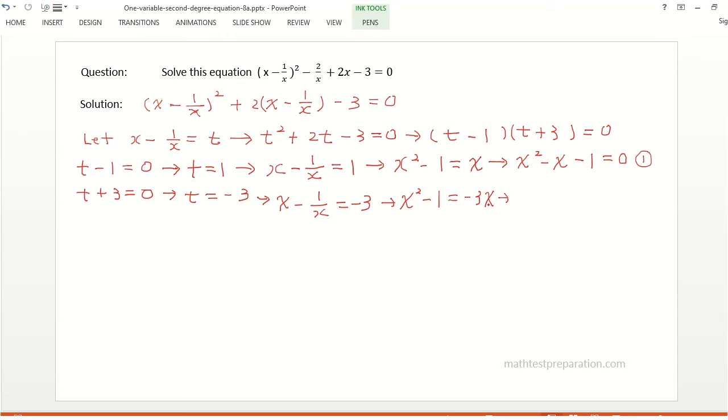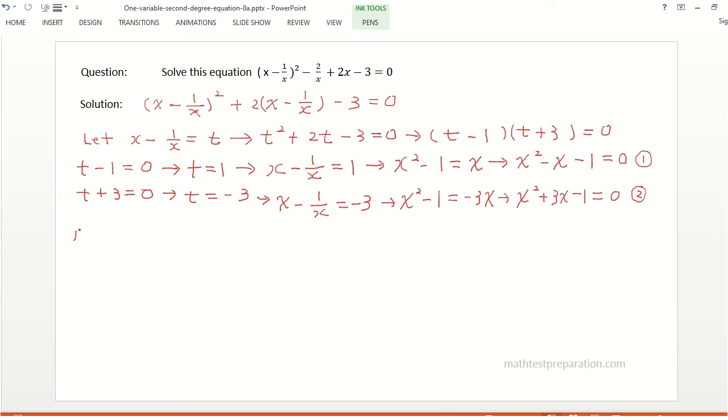Move negative 3x to the left side of the equation. We have x squared plus 3x subtract 1 equals 0. This is our second equation.